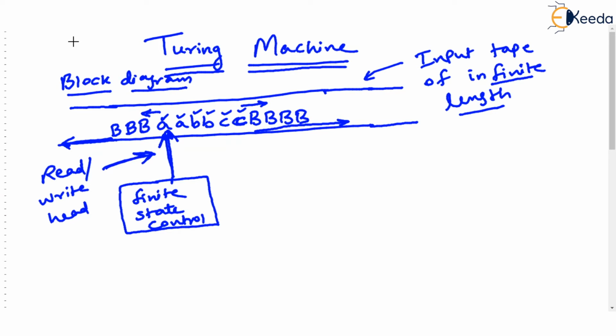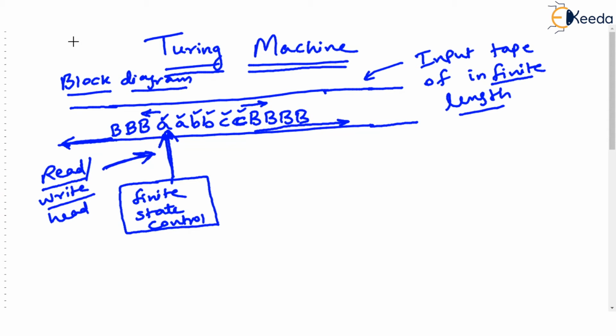You recall that PDA also had an input tape, obviously, because it should read input from the tape, and PDA also had a head, but it was a read head. You can only read symbols from the tape. You cannot write something on the tape. But you observe this particular head is meant both for reading and for writing.